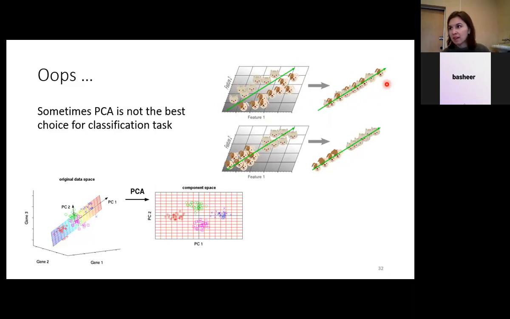They just intersect. You couldn't separate cats and dogs projected in this direction. So yes, you find the highest variance, but this highest variance just breaks the classes and you couldn't separate them. In the second case, everything will be okay. In the second case, you will keep the distance between classes, and you may separate cats and dogs.